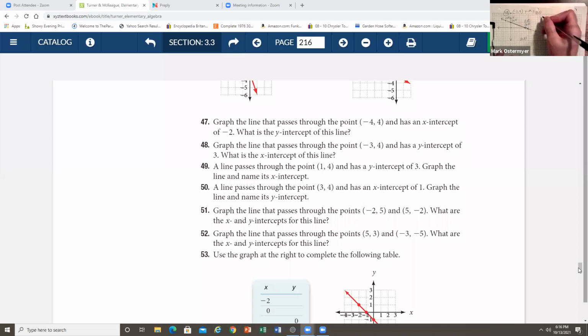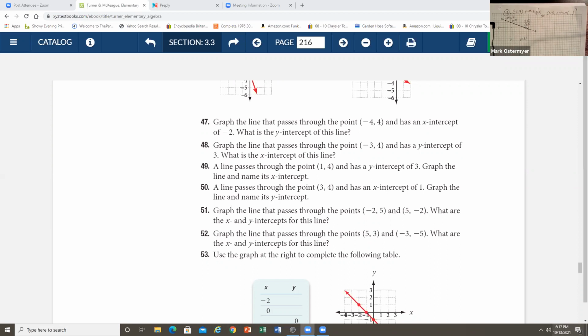Okay, problem 50. What do they tell us? They tell us that a line is to contain or pass through the point 3, 4. They also tell us that the x-intercept is 1. As an ordered pair, what would be my x-intercept? Would it be 0, 1 or 1, 0?